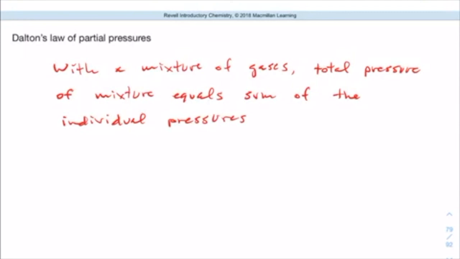So I can calculate the pressure of each individual gas, and then the sum of those pressures equals the total pressure of the mixture.